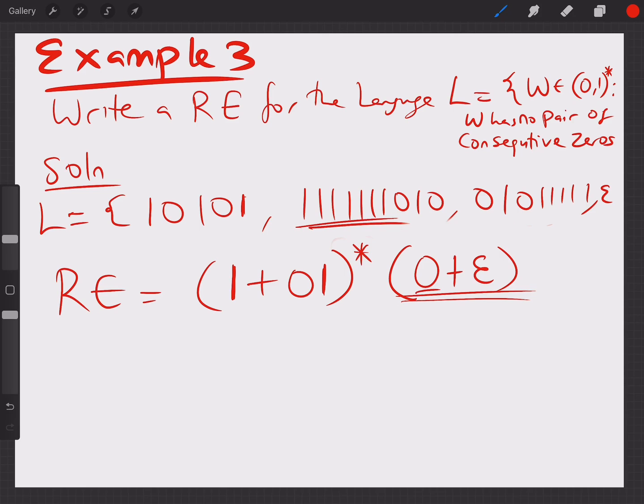Moving on to another question on regular expressions. I'll do two more. So example 4 now.